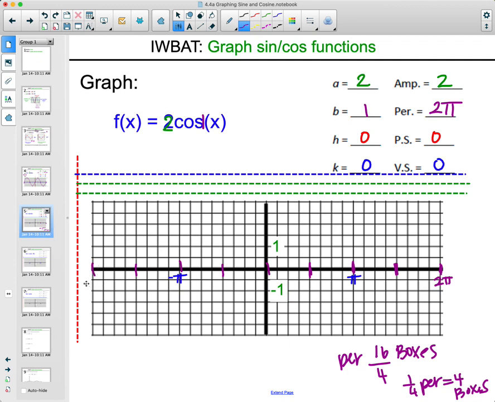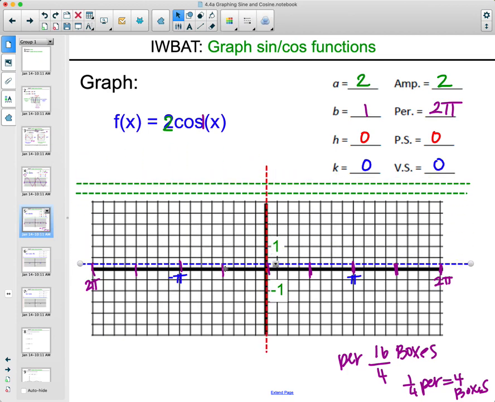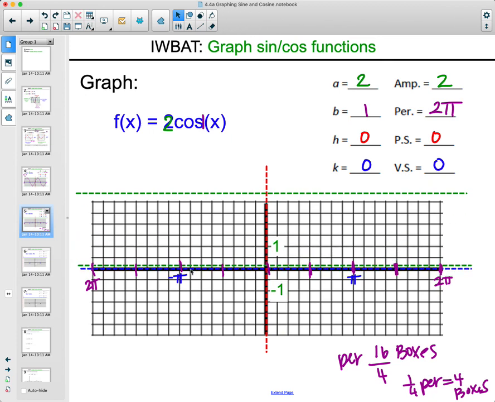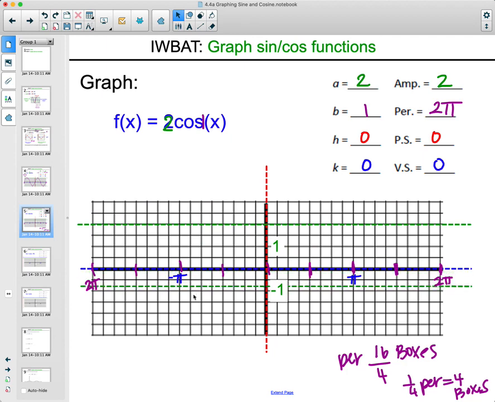In case there was a shift or anything you needed to do, you'd have your graph axis labeled. In this case, we have no phase shift, no vertical shift or axis of oscillation or midline shift. We do have an amplitude change. So that's going to be up 2 from the midline, or down 2 from the midline, even if the midline has changed. If the midline has moved, then you would count 2 units from the midline.